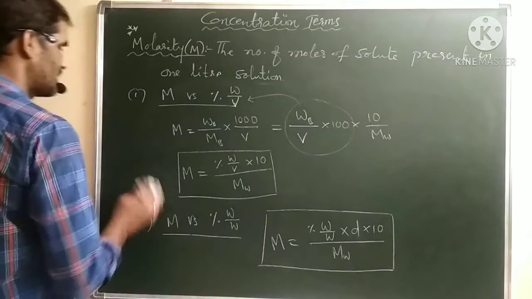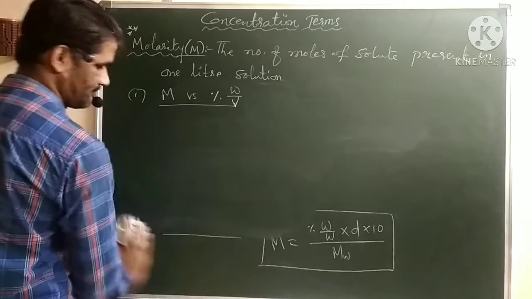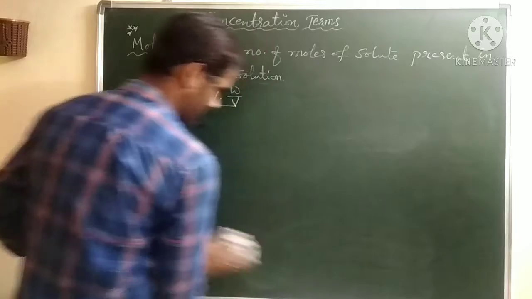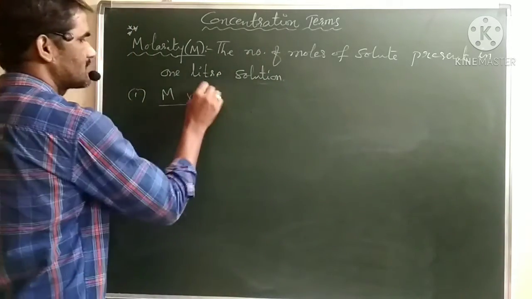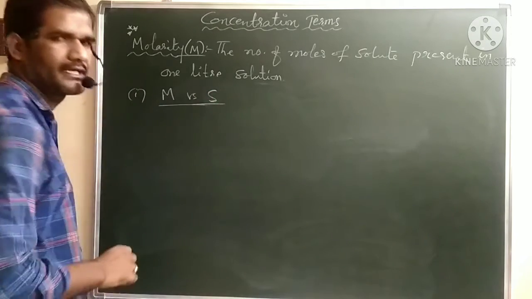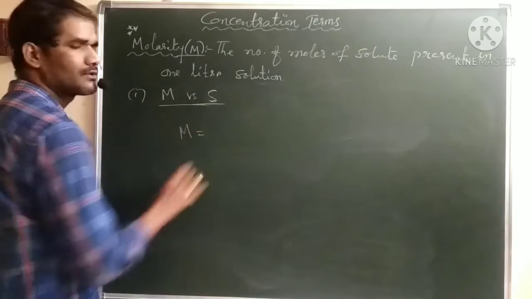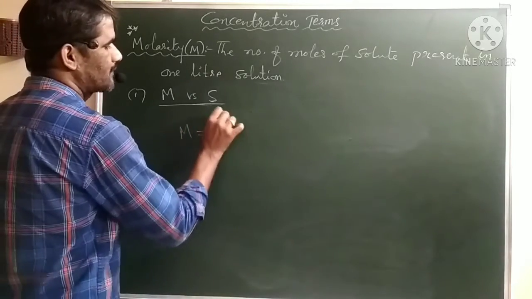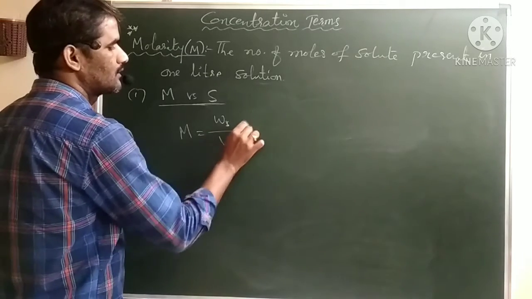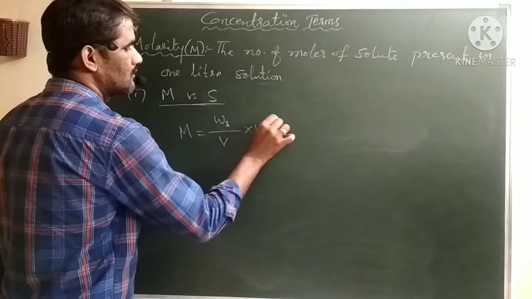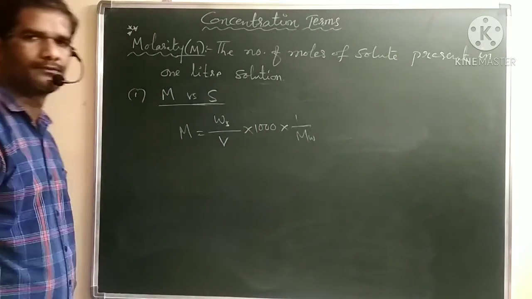And next, one more interrelation, that is molarity versus strength of solution, that is S. So here again molarity is equals to, we know that weight of solute by volume into 1000 into 1 by molar mass of the solute.